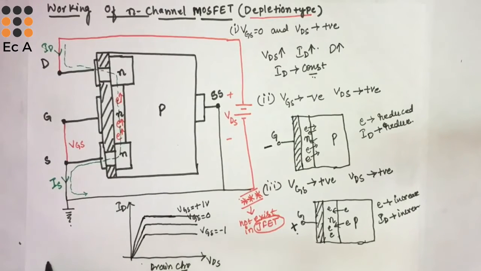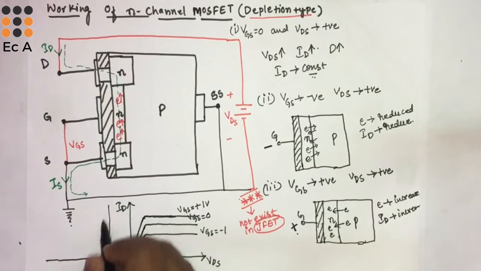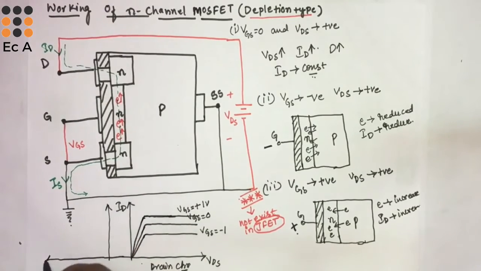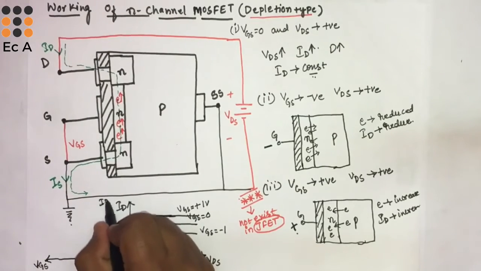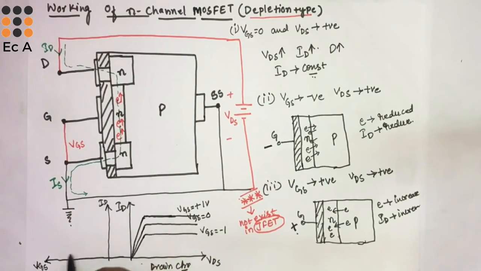and let us plot the transfer characteristics here. So this is VGS and this is current ID. In the previous lecture I told you how we need to plot the transfer characteristics.